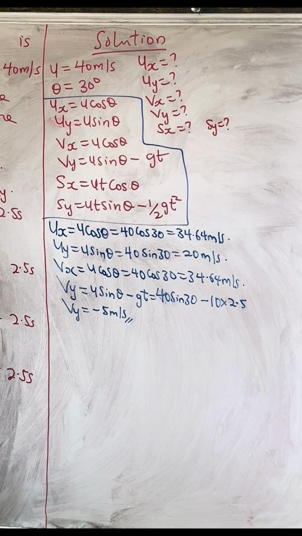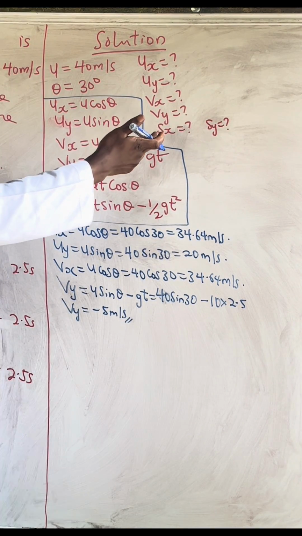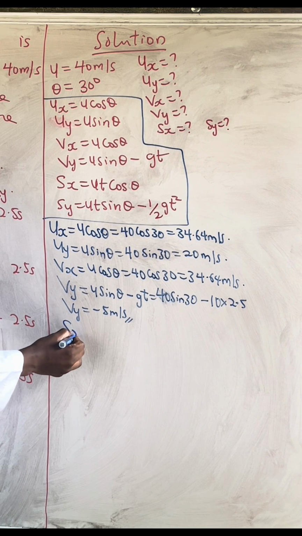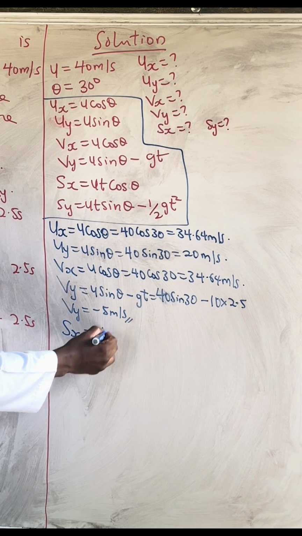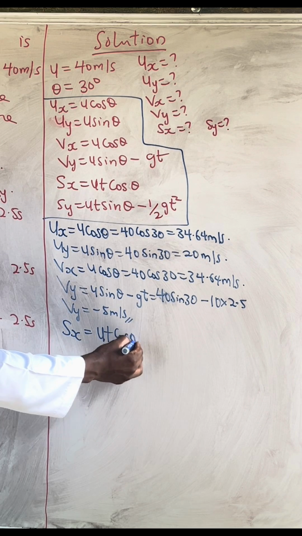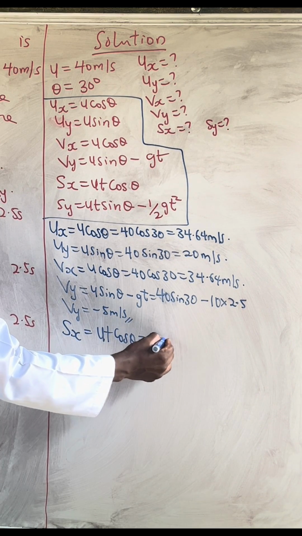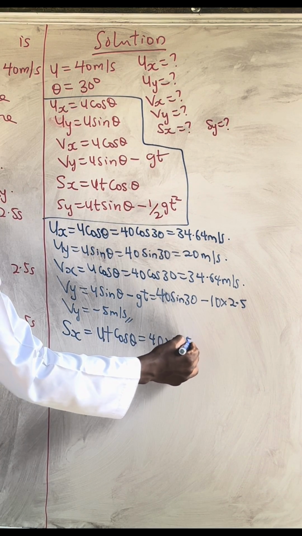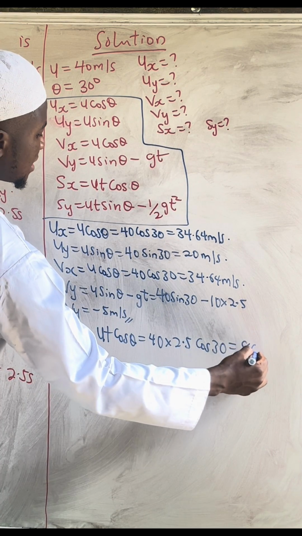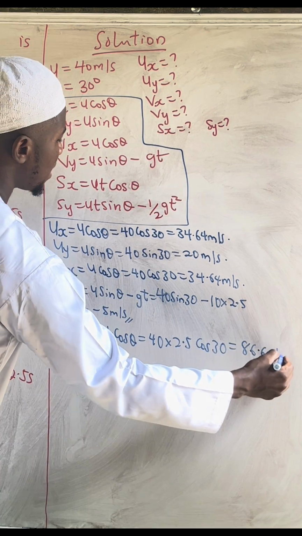So guys, we will now talk about the horizontal distance after 2.5 seconds in air. That is Sx equals ut cos theta. Our u is 40, our t is 2.5, cos 30. Then we get 86.6 meters.